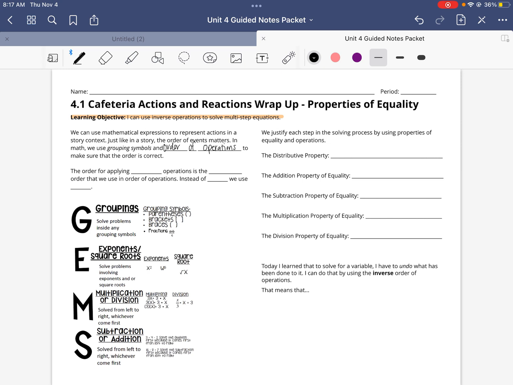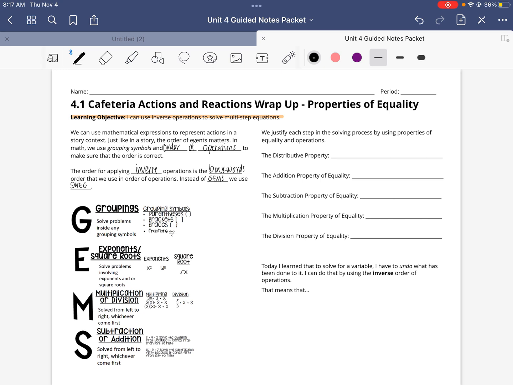The order for applying inverse operations is the opposite, let's say backwards actually, the backwards order that we use in order of operations. So instead of GEMS or PEMDAS, we use SMEG or SADMEP.